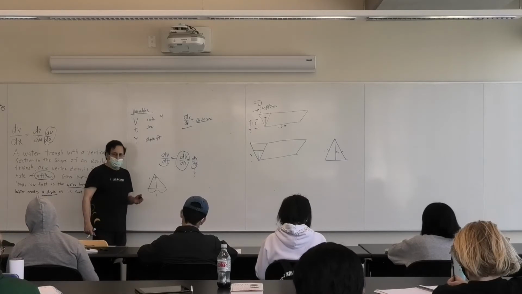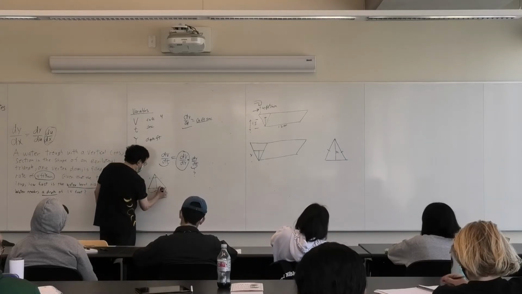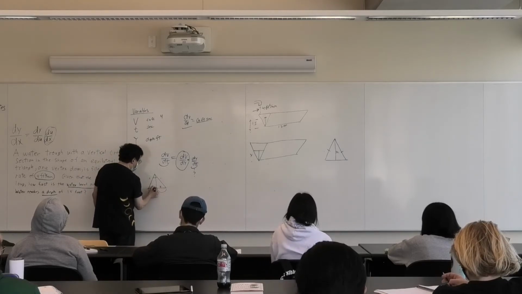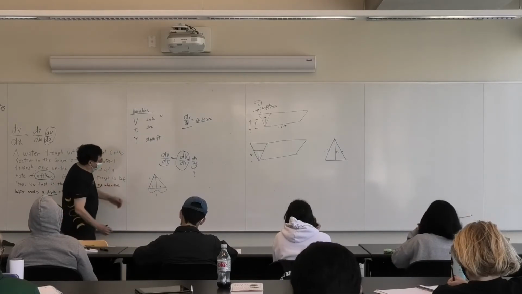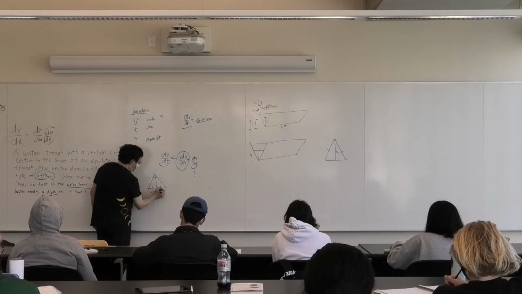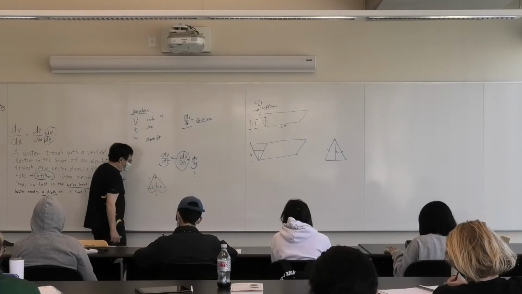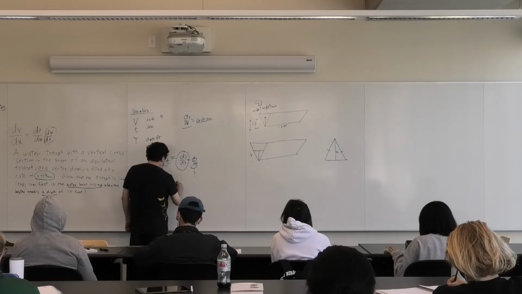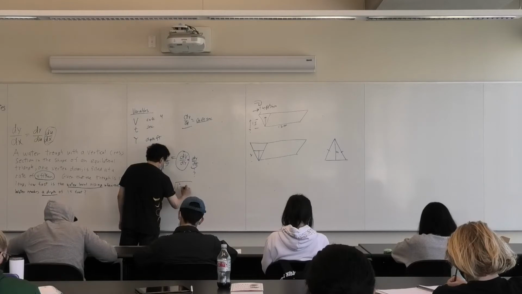Well, 1 divided by 2 is a half. So each of these is a half. And then I have a right triangle here, and I have 2 sides. I have the hypotenuse and a leg. So I can use the Pythagorean theorem.